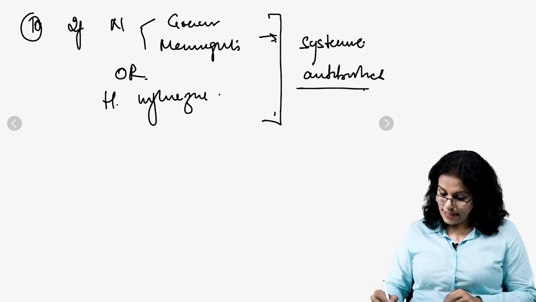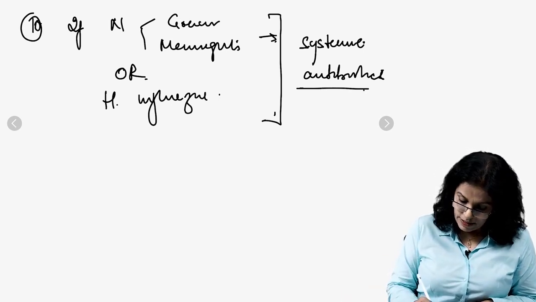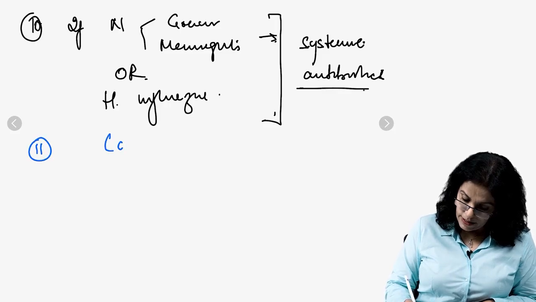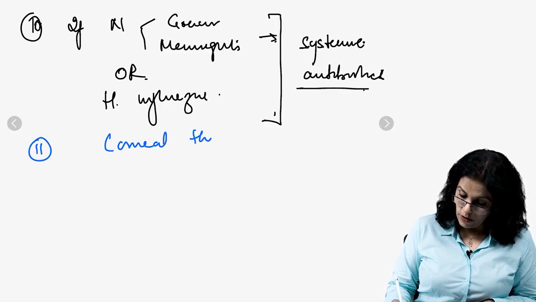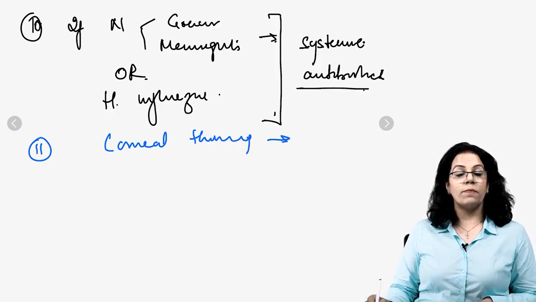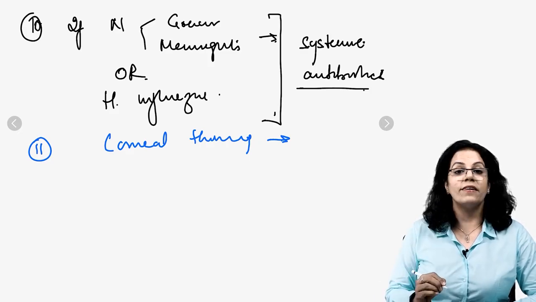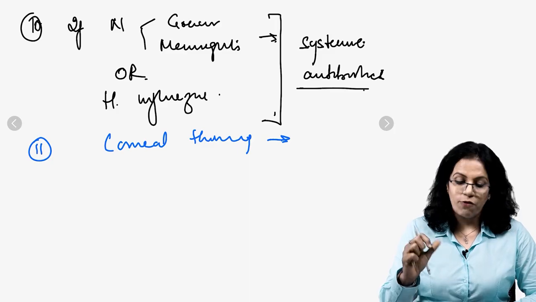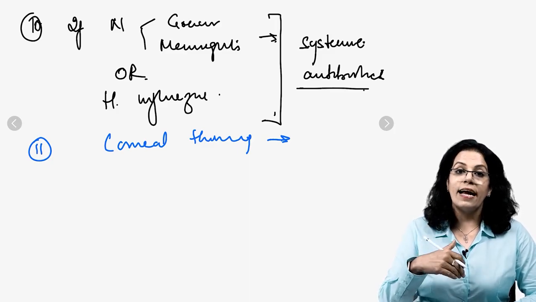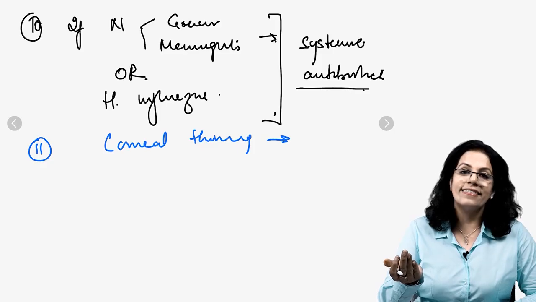Right. And the last thing that we can add here in our treatment part, if there is any corneal thinning. So, if there is a corneal thinning and you feel, okay, anytime the patient, it can lead to perforation, you should prefer that drug which is saving the collagen, which has anti-collagenase activity.